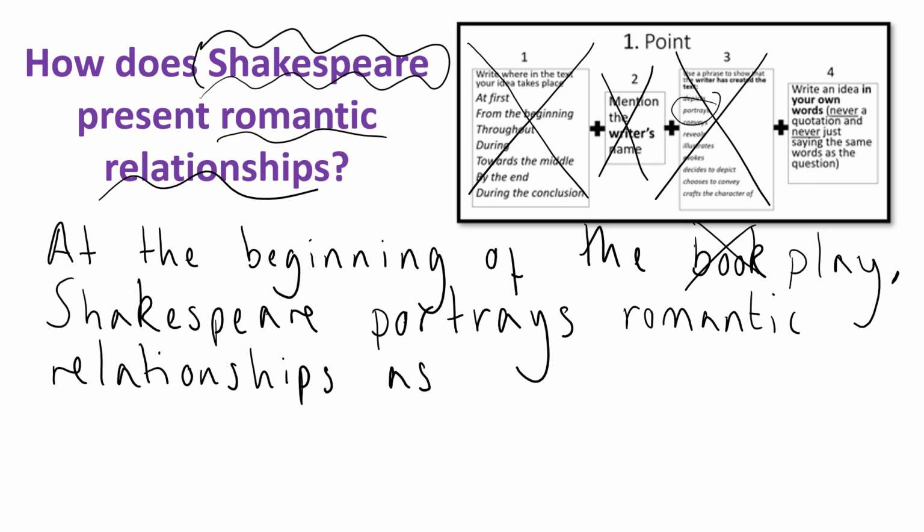Well, for the do now, we wrote down a few different adjectives to describe love. So I'm actually going to use one of those, and I'm going to use the word chaotic. And that's the end of my sentence. So I'm going to put my full stop down there. That is my point. Complete. My next step, have a think.